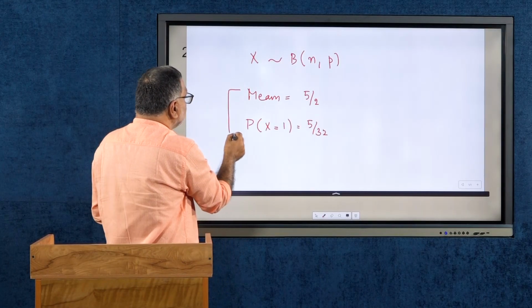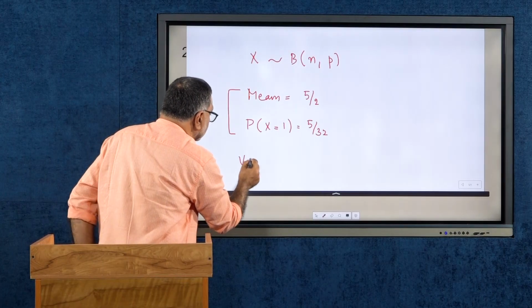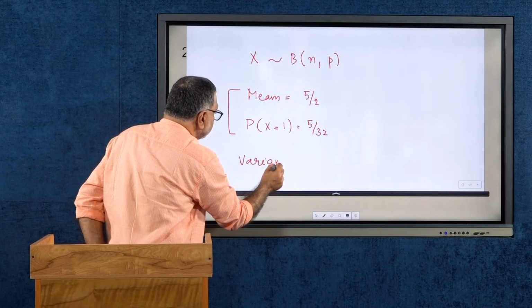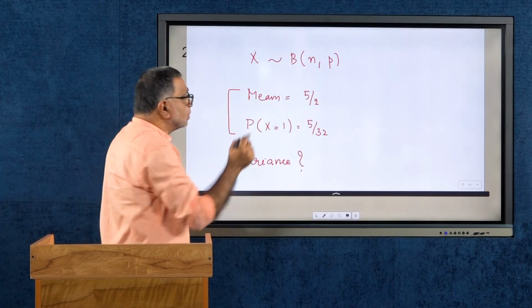So if these two values are given, what is the variance of the random variable? The question is this one.